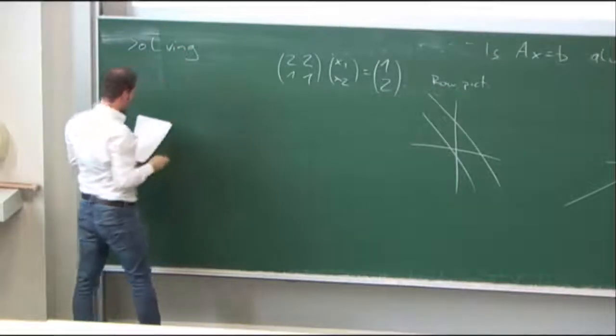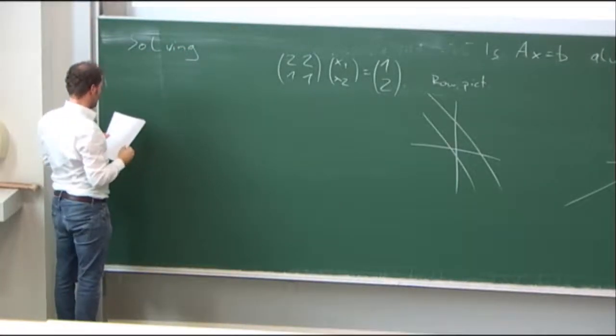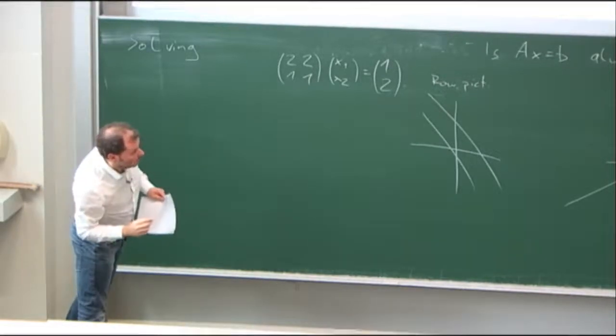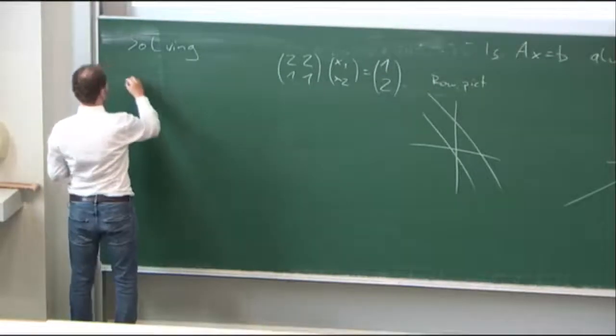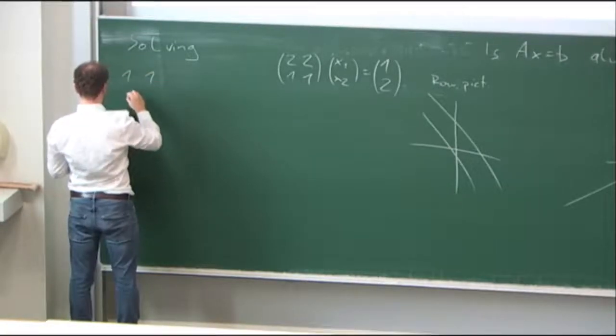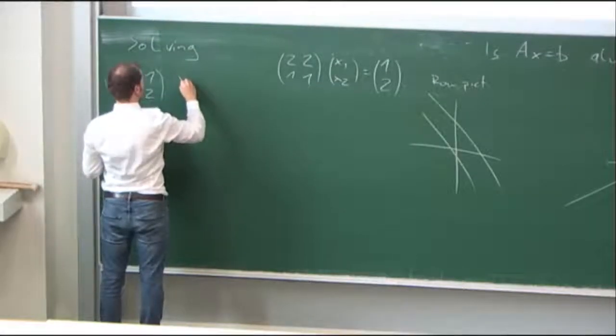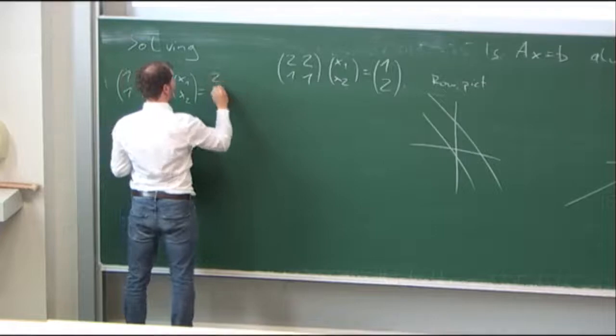Okay, if we want to solve a system, if it's solvable, there's this nice algorithm by Gauss. So let's take a solvable system of equations, a very simple one. Let's say [1, 1; 1, 2] times [x1, x2] is [2, 3].